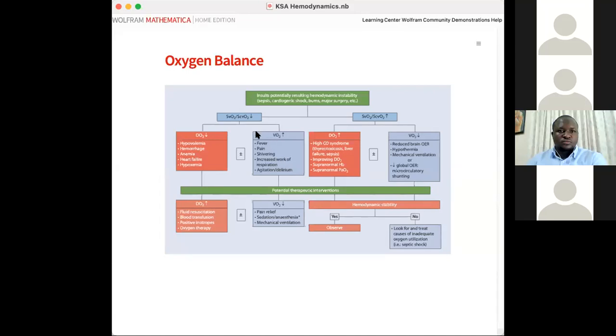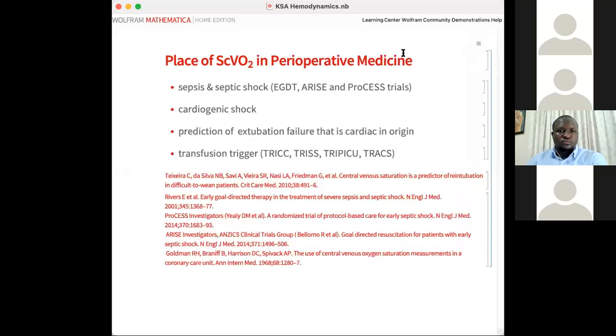You can reduce oxygen consumption by treating the fever, pain, and shivering, so you may have to paralyze the patient. And if the patients have increased work of breathing, you may want to sedate, intubate, and mechanically ventilate. There's a lot of controversy, but because of time, I may not be able to talk about all this.